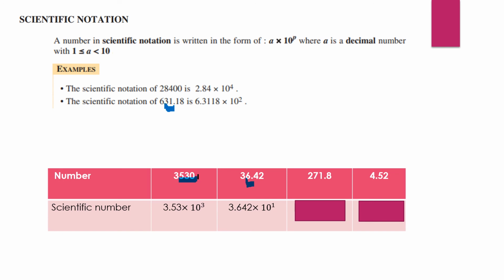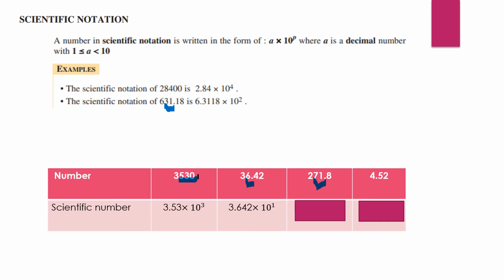Let's continue. 271.8, also it's a number not between 1 and 10. So as before, I should move the point from right to left to become one digit, then point. I will put it here.